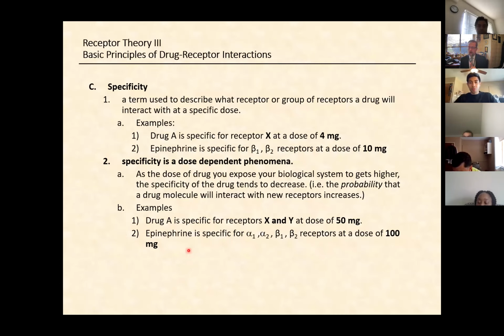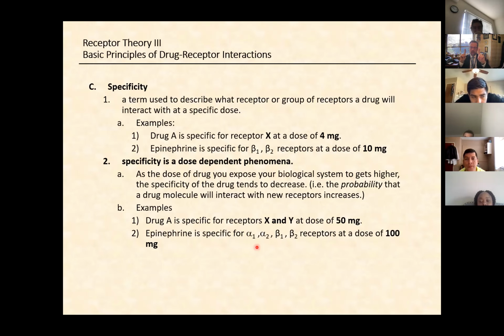We know that epinephrine is selective for beta over alpha receptors at 10 milligrams, and we know that at 10 milligrams, it's specific for beta 1 and beta 2 receptors. What happens when we bump the dose up to 100 milligrams? What happens to the selectivity now? At 100 milligrams, is epinephrine able to distinguish between alpha and beta receptors? Nope. We've lost selectivity.